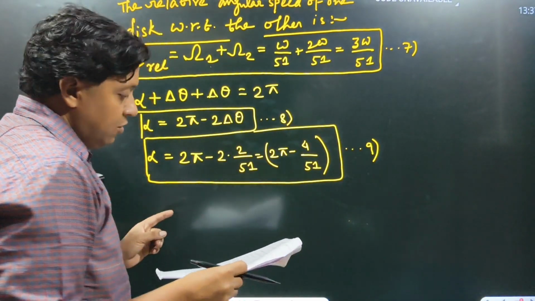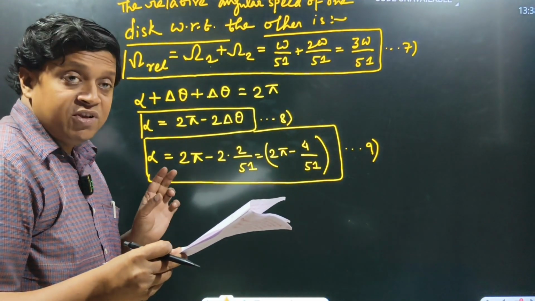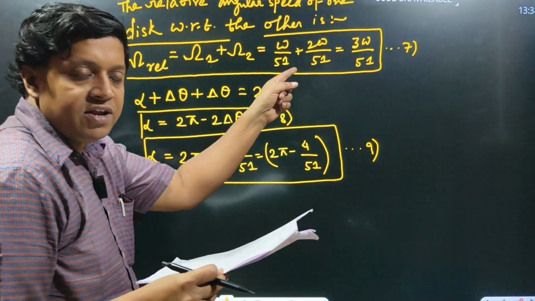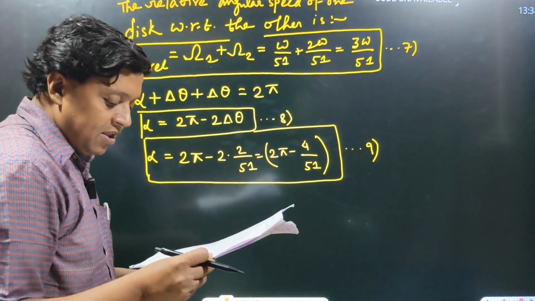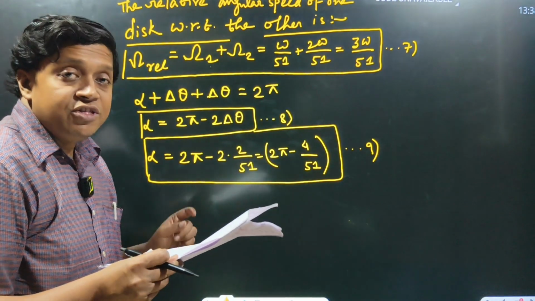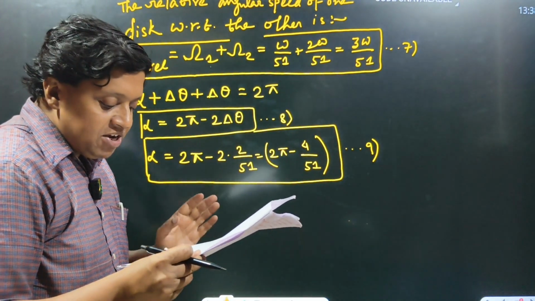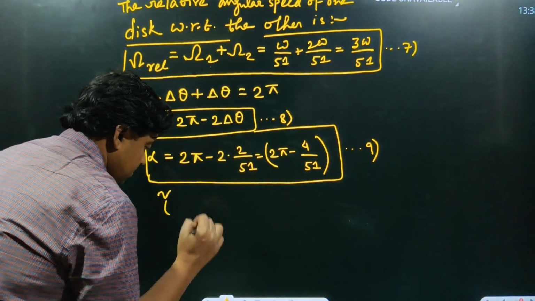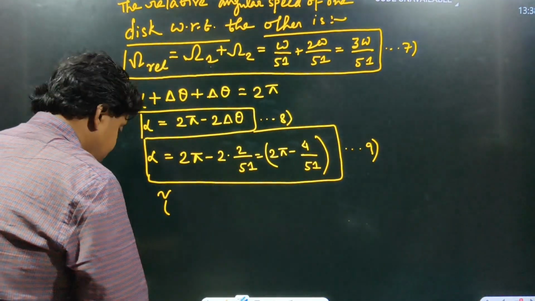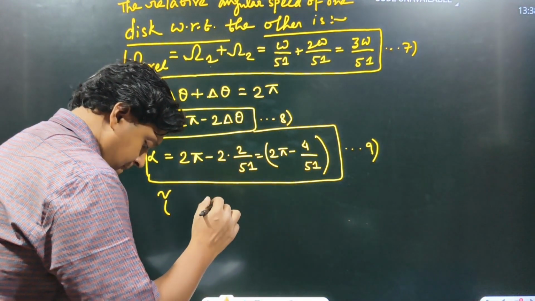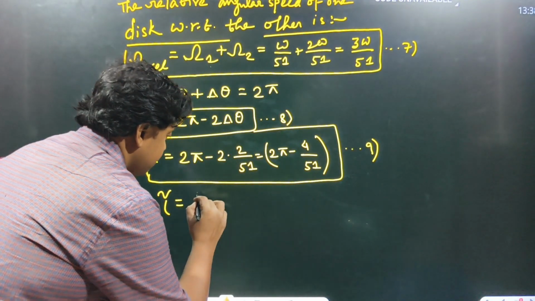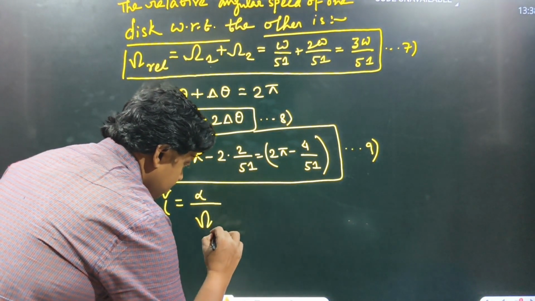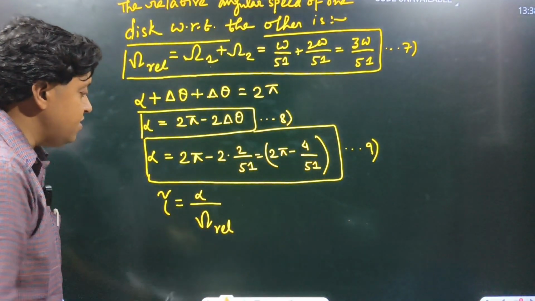Now, using equation number 9 and equation number 7, which is clearly in front of your eyes, the time taken for the two smaller disks to meet again should be given by, let me just erase these. As you can see, this is very simple.